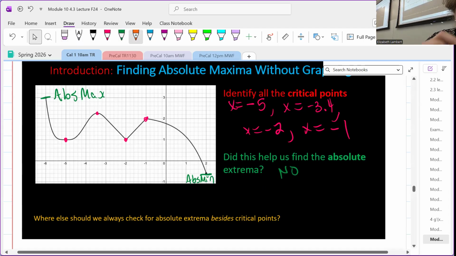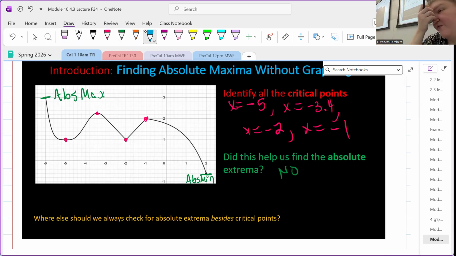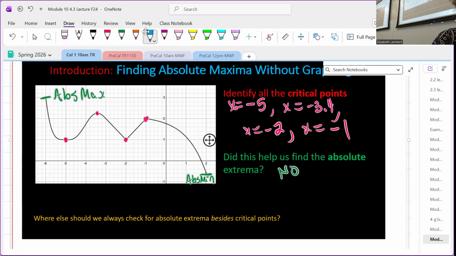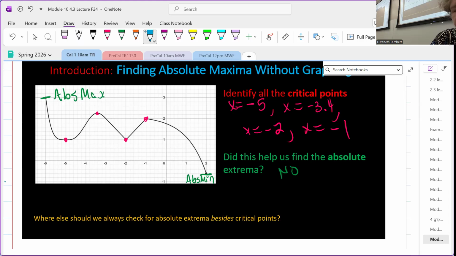So where else should we look when we're trying to find an absolute max and absolute min besides the critical values? What's special about those points where the absolute max and absolute min occurred?